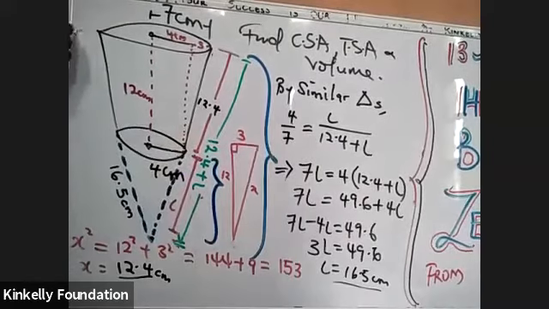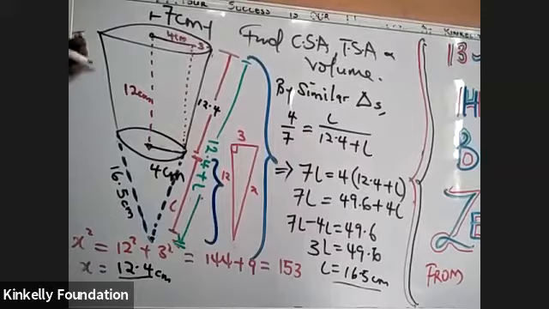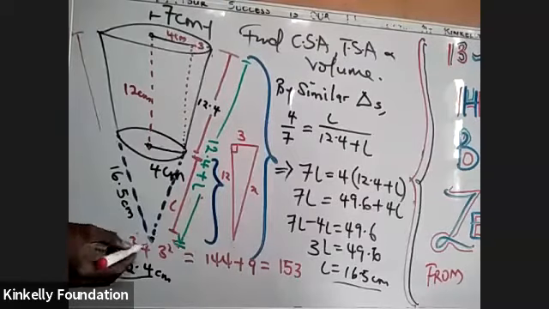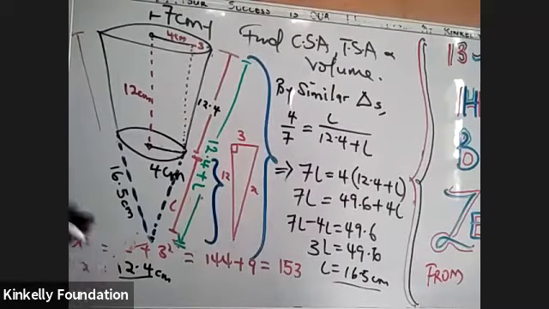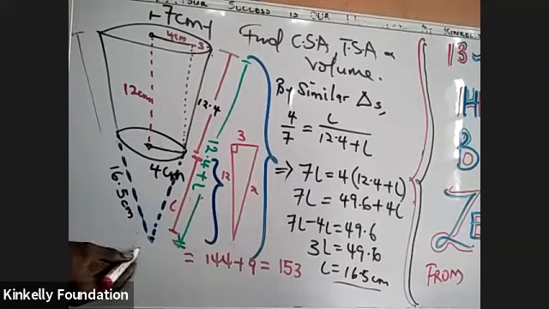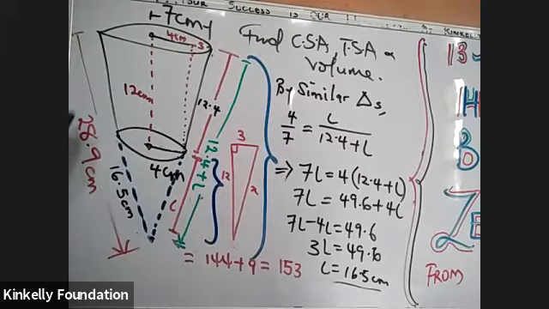So the slant length from here, adding it to this point, we are done with this side. So from here to this one will be 16.5 plus 12.4, we are going to get 28.9 cm.